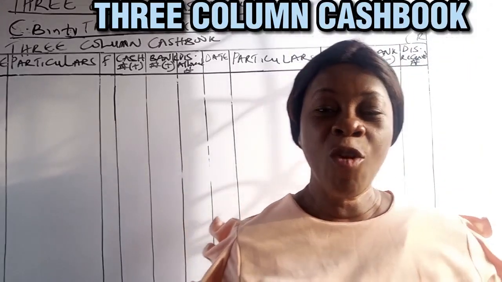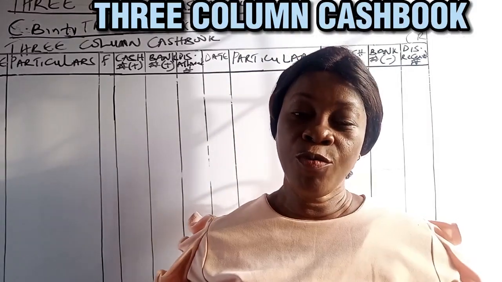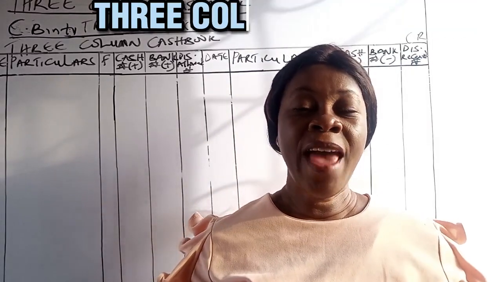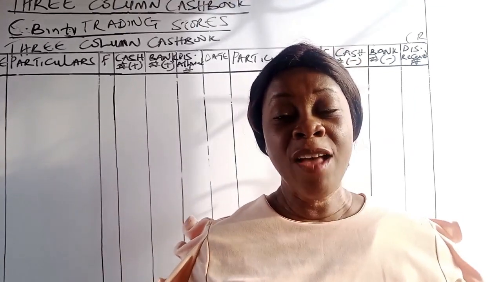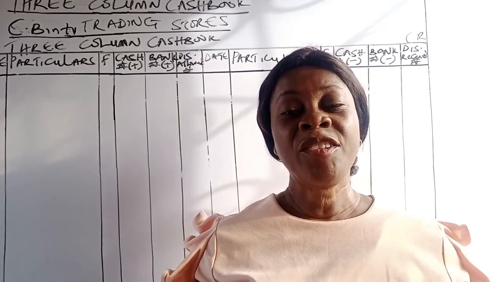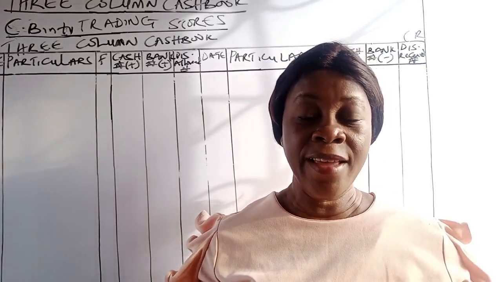Three-column Cashbook is a Cashbook that combines the discount column on the debit side and the credit side of an existing Cashbook that has cash and bank equally on the debit side and the credit side.